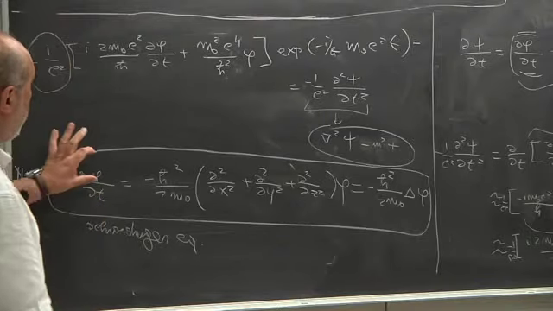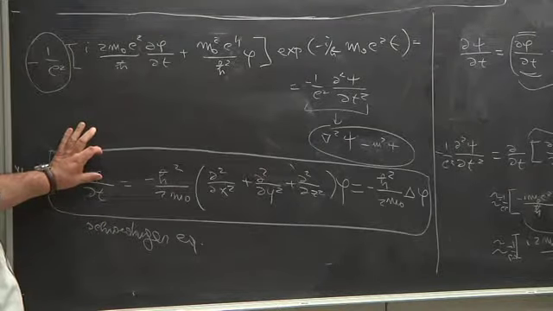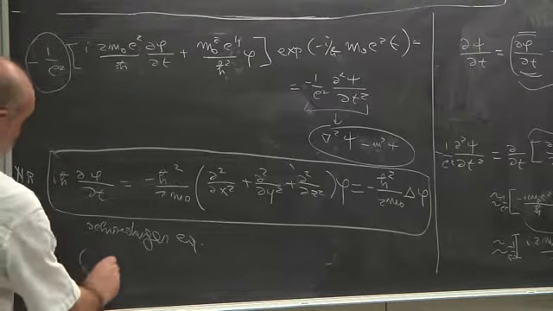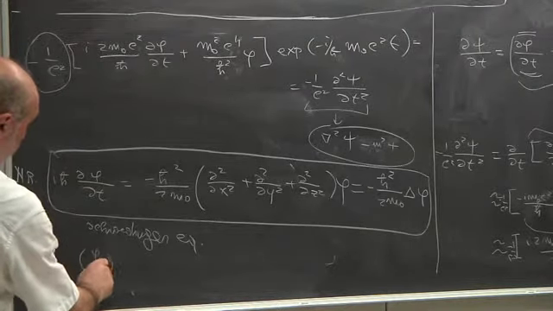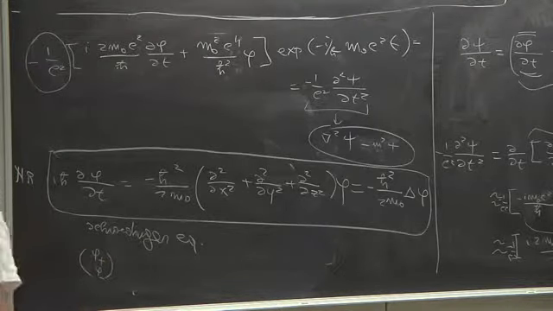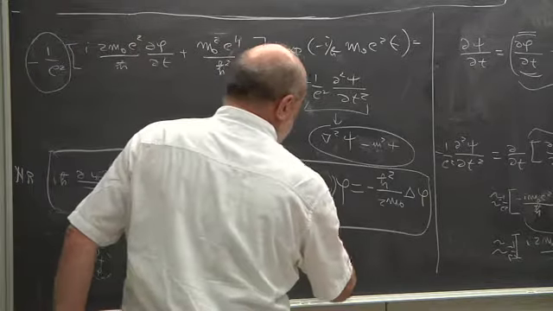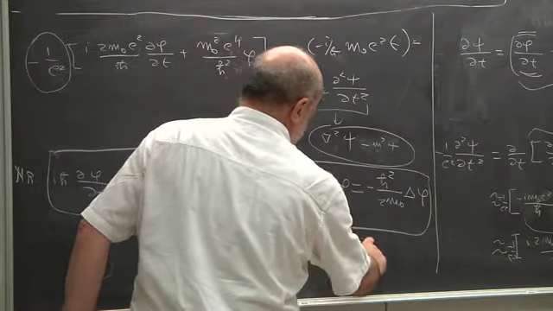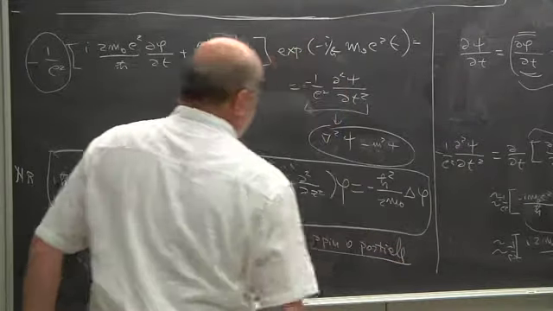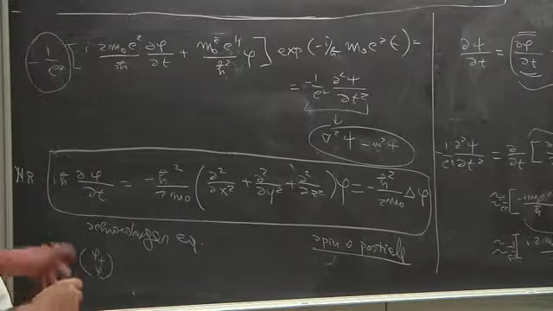The Pauli equation has a wave function that is a couple of wave functions. Remember, the Pauli equation is written in this manner and is an equation for two components. Here we have only one component, so for sure this describes a spin 0 particle. So we got the non-relativistic limit of a spin 0 particle.